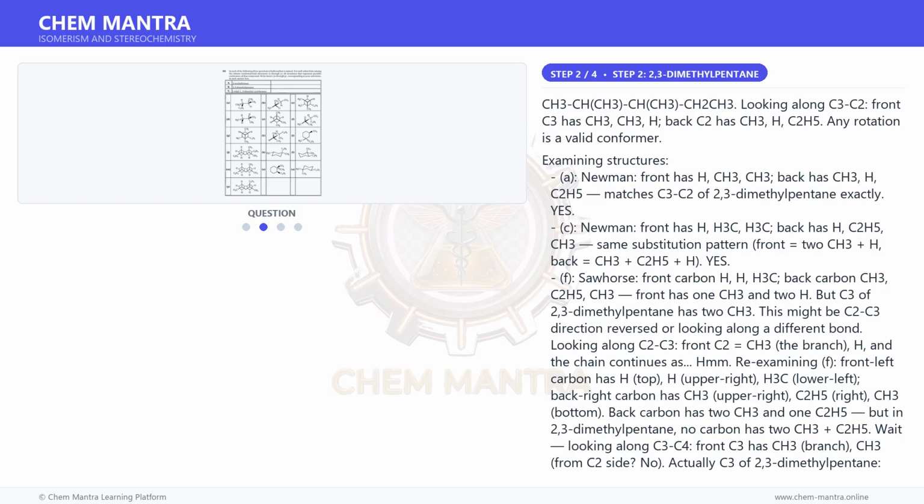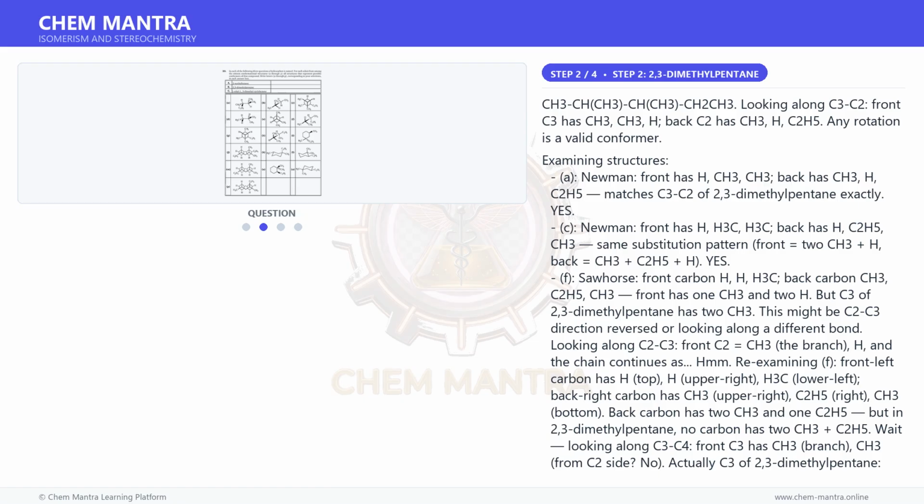F, back has CH3, C2H5, CH3, which doesn't match this. Let me reconsider. Perhaps F shows looking along C2, C3, where front C2 is H, CH3, C2H5, where C2H5 is ethyl going to the C1 side.